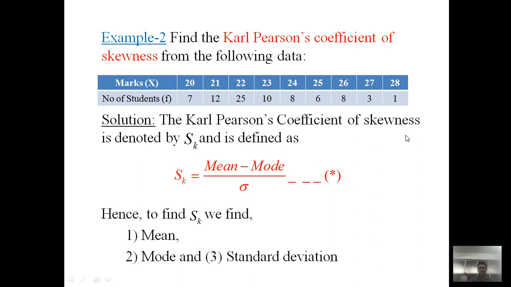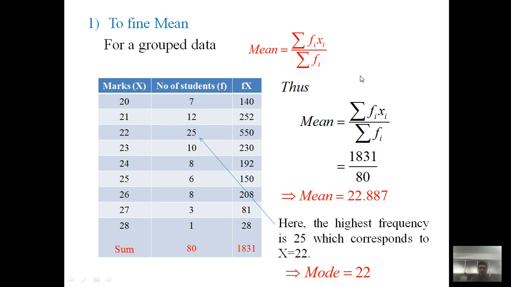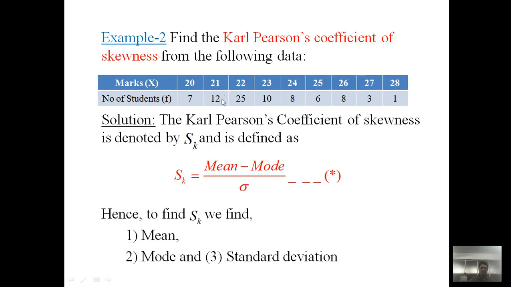In other words, suppose we take one exam in a particular class. The second row represents the frequency of students and the first row represents the obtained marks of the students. Now suppose in a particular class there are 80 students, and we take an exam of 30 marks.